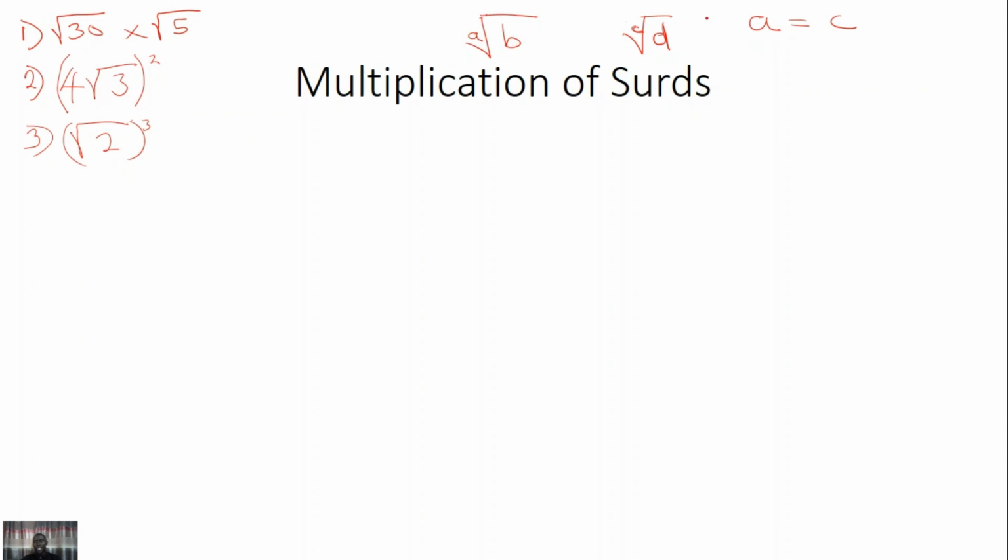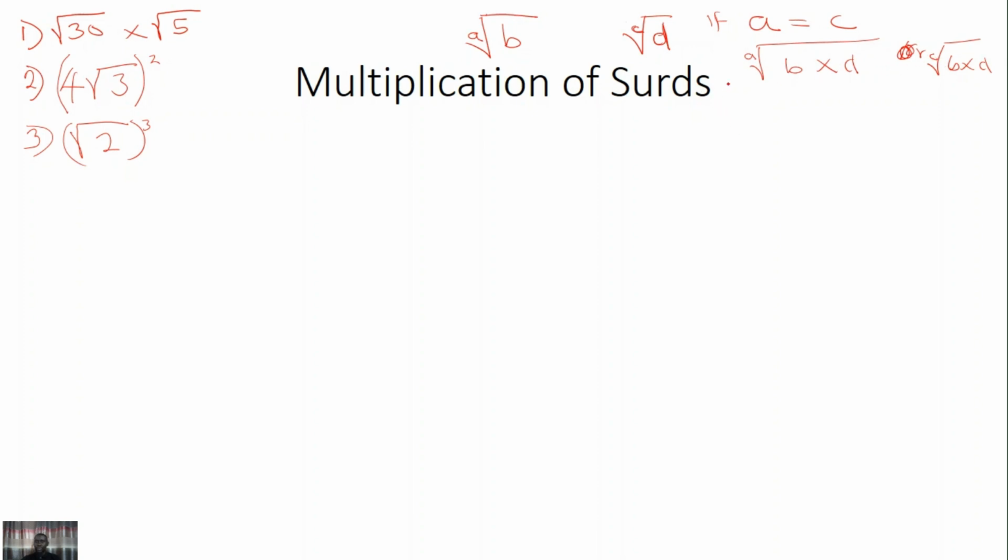Meaning that if a is equals to c, you can actually say root of b times d, or root of b times d, since a and c are the same.